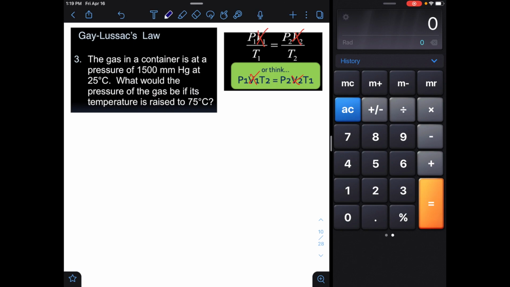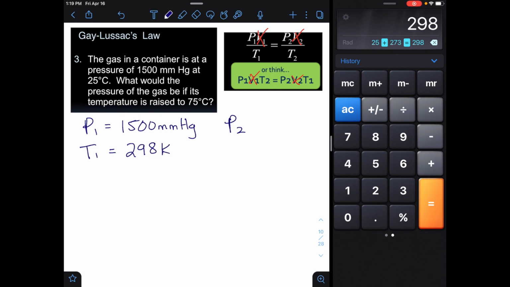And we can collect our data. So we have an initial pressure of 1,500 millimeters of mercury, and that's 2 sig figs, by the way. Initial temperature of 25, but again, we're not going to use 25. We're going to do 25 plus 273, which equals 298 Kelvin.